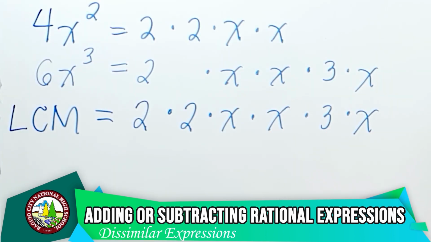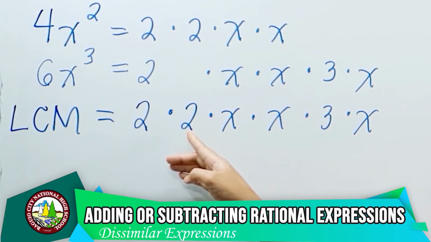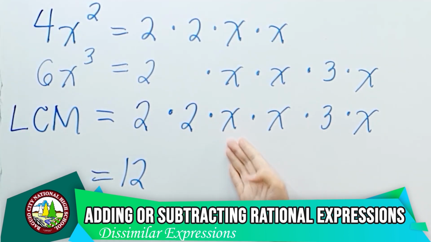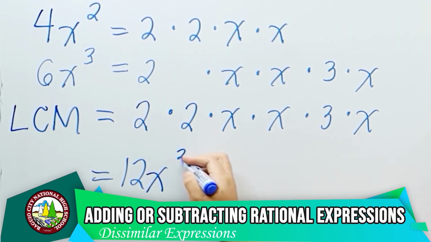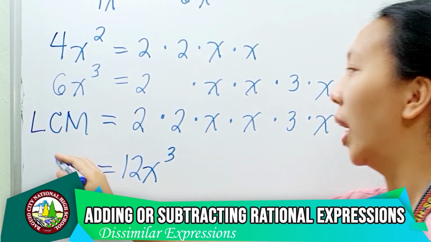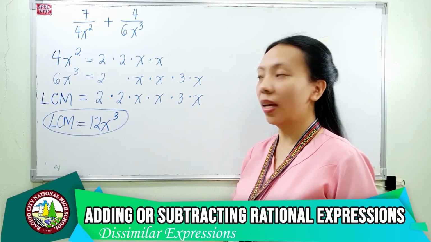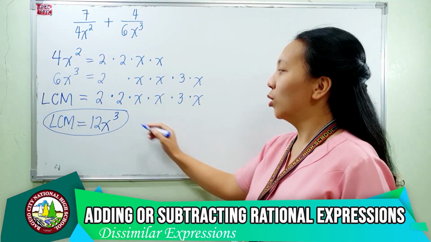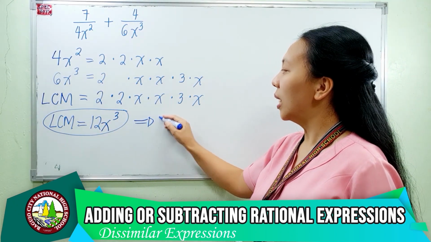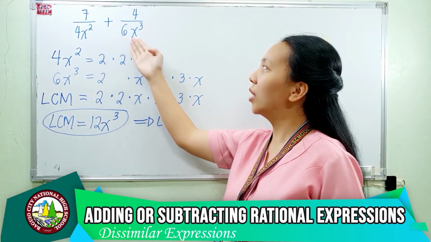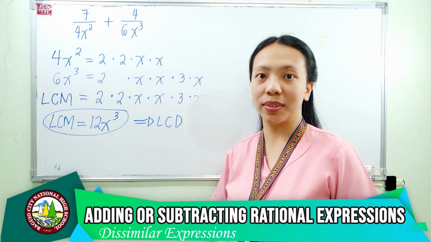We simplify. 2 times 2 times 3 is equal to 12. And x times x times x is equal to x cubed. 12x cubed is our LCM. This means that 12x cubed is the least common denominator for our rational algebraic expressions.